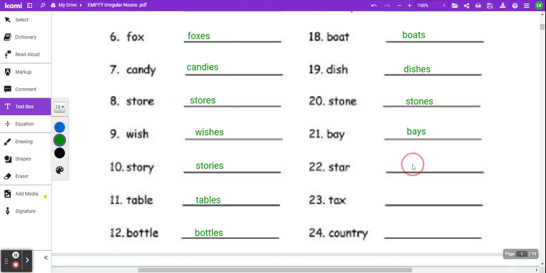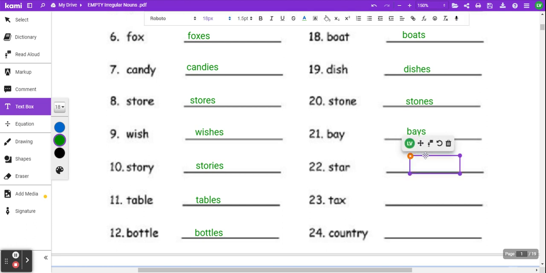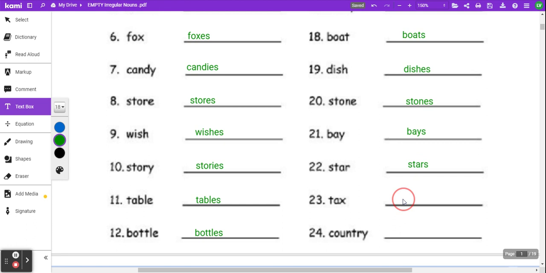22, star. Stars. Number 3, everybody's favorite in America to pay, taxes. Taxes. ¿Por qué? Porque termina en X. It ends in X, so we add ES.